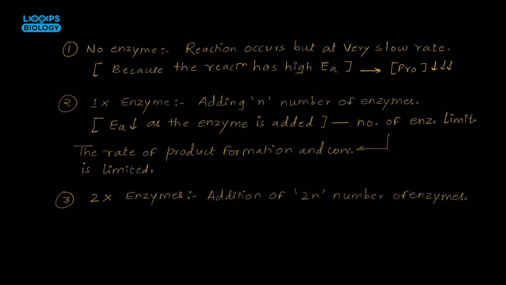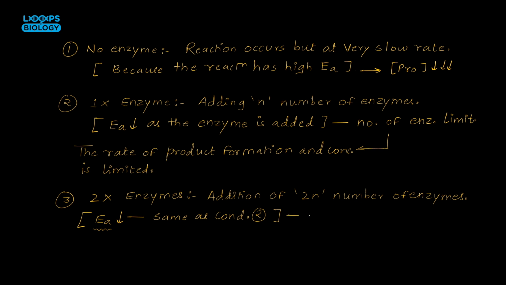It is not the case that a greater number of enzymes reduces more activation energy. No, that's not the case. For each and every enzyme, the level of reduction in activation energy is the same. So activation energy is reduced the same as condition 2. But what will change is the enzyme concentration.